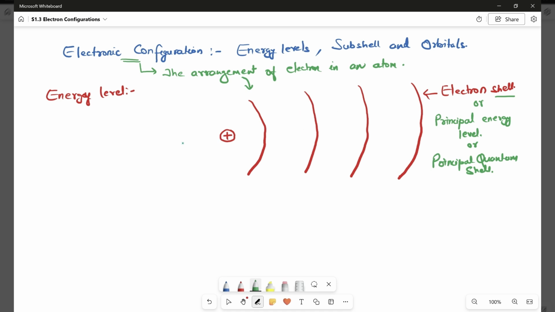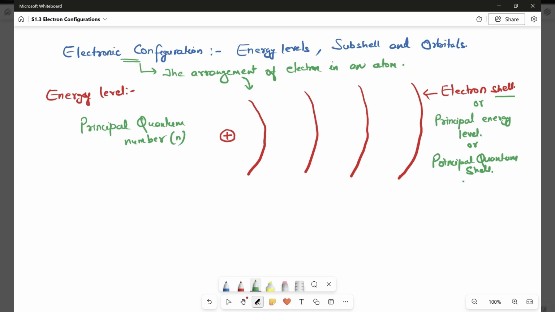You can see these shells are the electron shells where the electrons are present. So we have a term here called principal quantum number, which is written as n. This principal quantum number is used to number the energy levels or quantum shells.